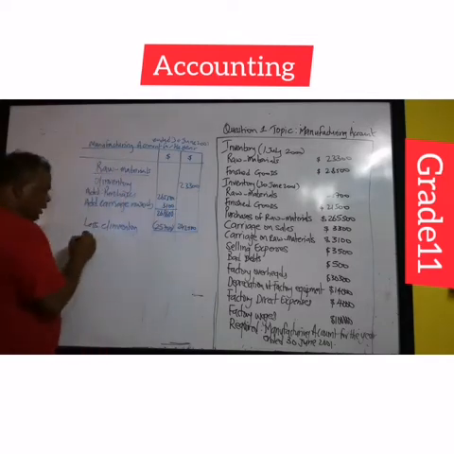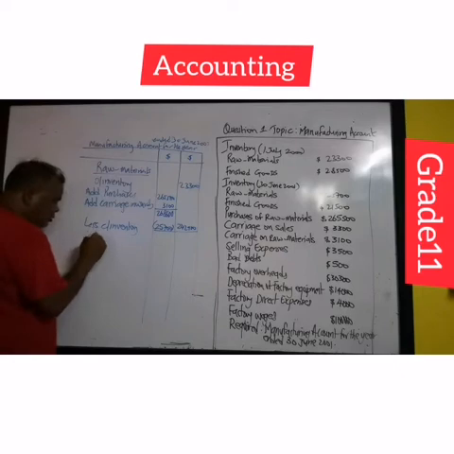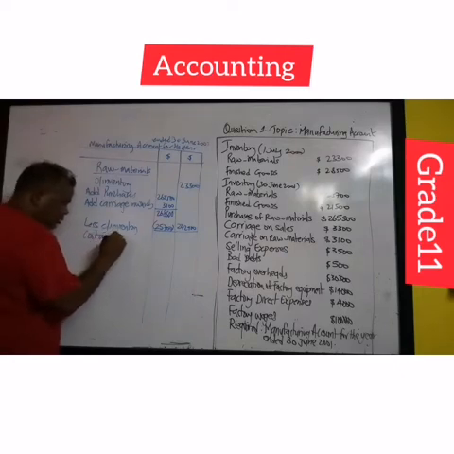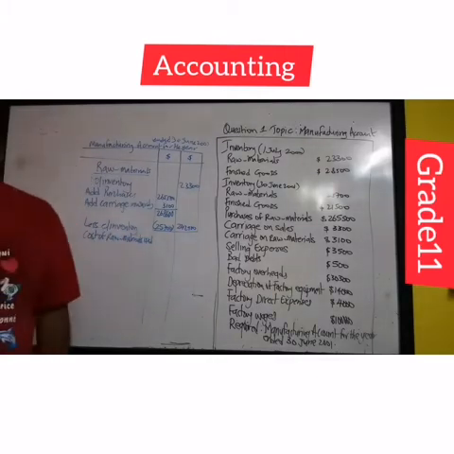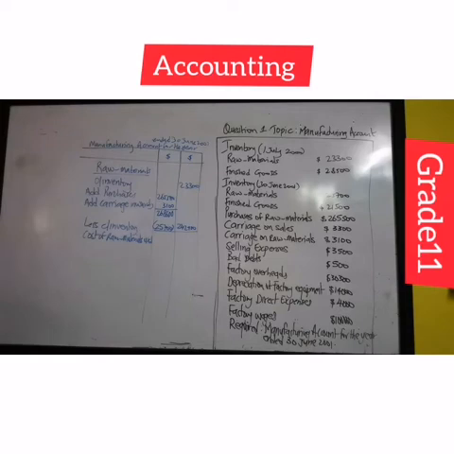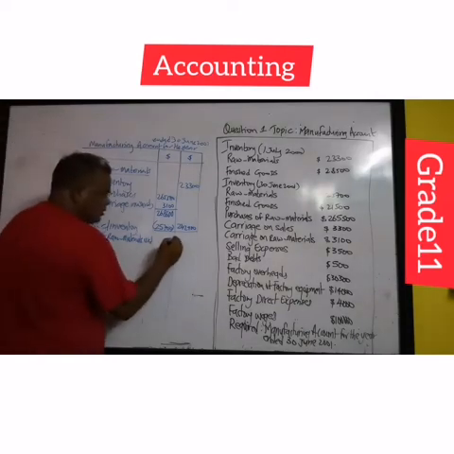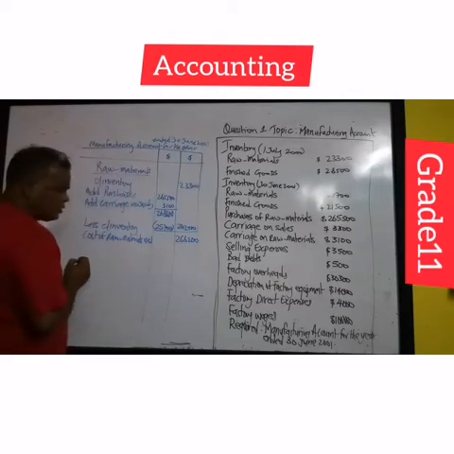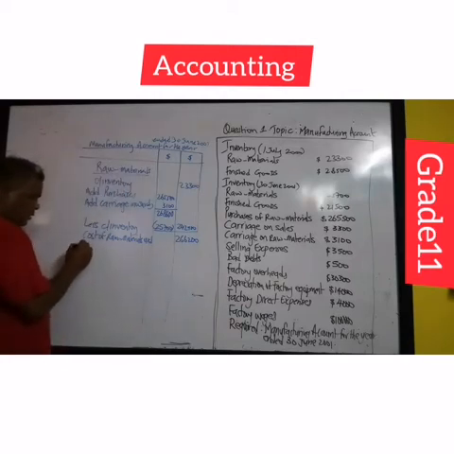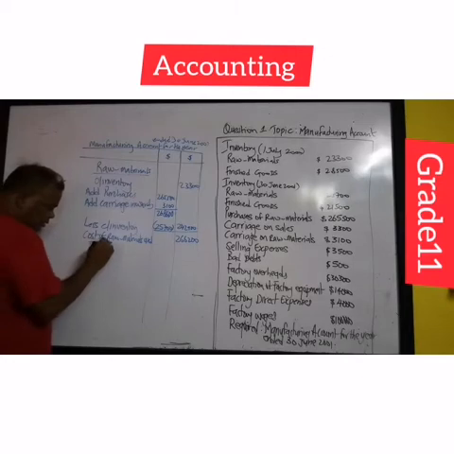And then we add, we get cost of raw material used, or consumed. Cost of raw material used 266,200.